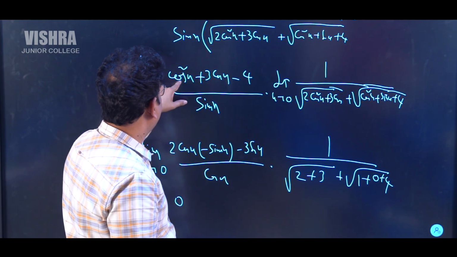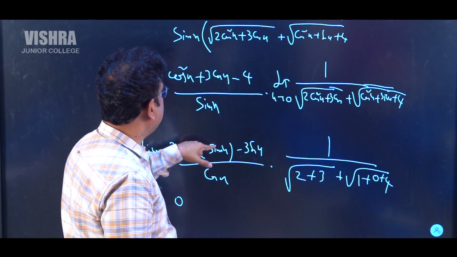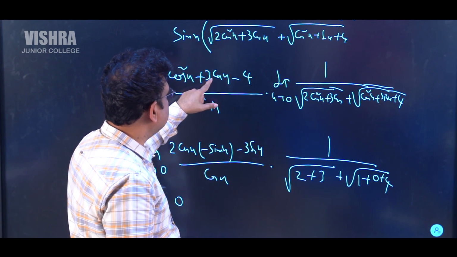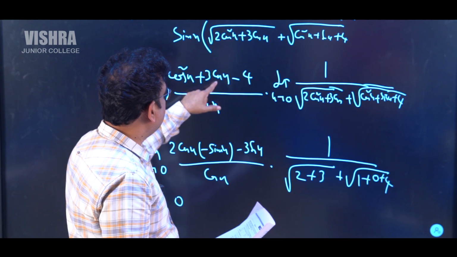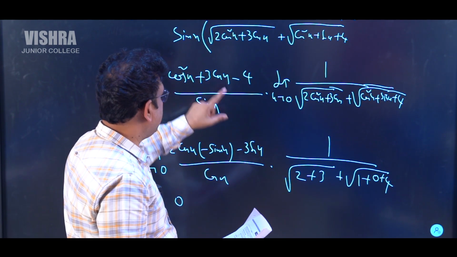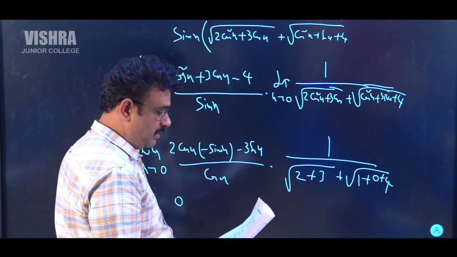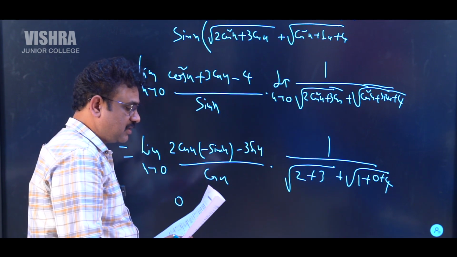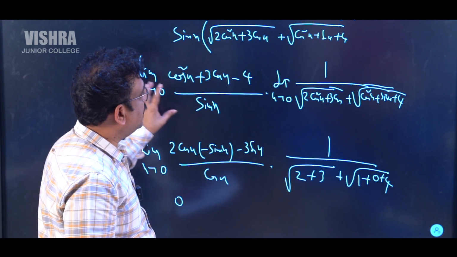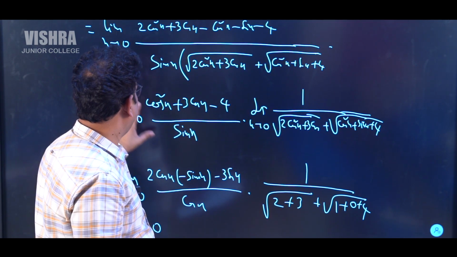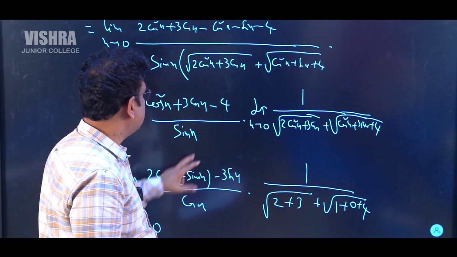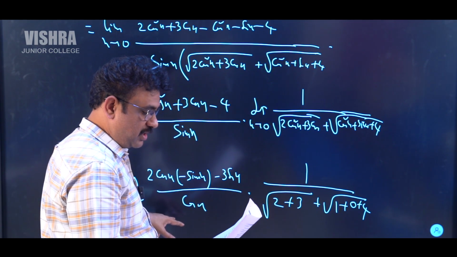Here 2 cos x into minus sin x minus 3 sin x. We are given that 3 cos x means 3 sin x. So this is 0. Next plus sin x, that is equal, here how much? This is equal minus 4. 3 cos x, 0 sin x equal to 0.